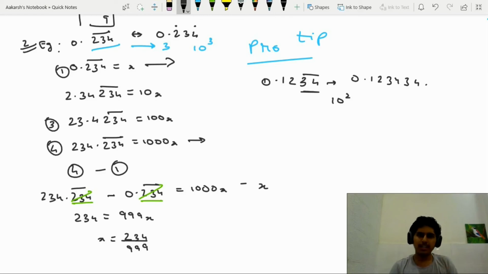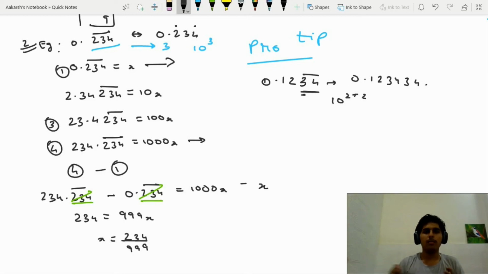So normally, what you do is you multiply by the number of digits that you have in the repeating part. If not, you want to remember something as a rule, you can remember that the recurring part starts from the third place and you have two places before that. So what you can do is try to multiply it by 10 raised to 4 in this case, so that you remove this 1 2 and the 3 4 also, and then after that the decimal places will have only the repeating part.